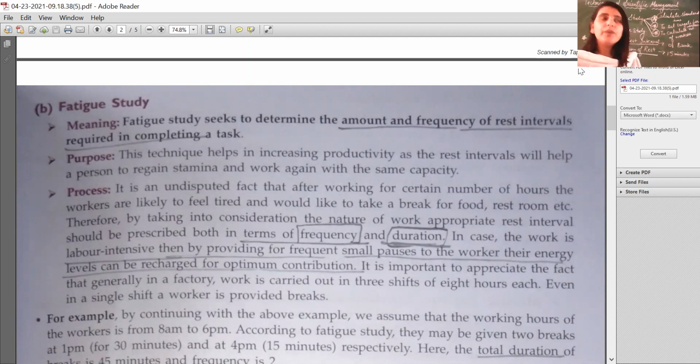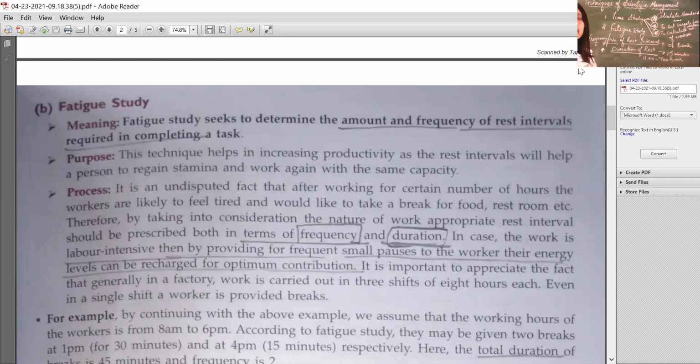When someone is doing so much physical labor, they need more rest. You may have seen in your houses also when some construction labor is there, for example, they have started work at 9, then they need first tea at 11 o'clock. Say 11 a.m. they need a tea break.